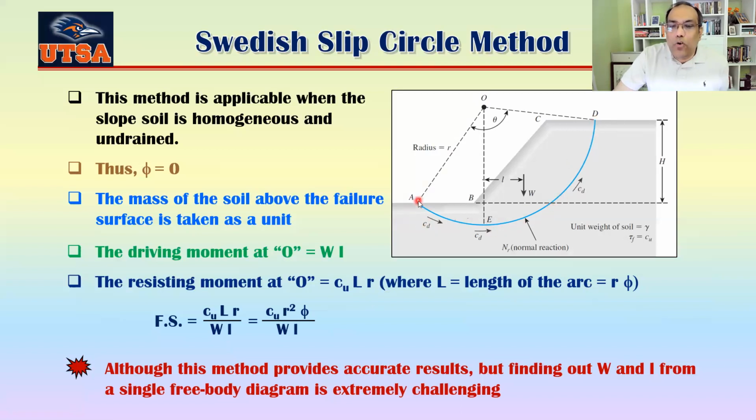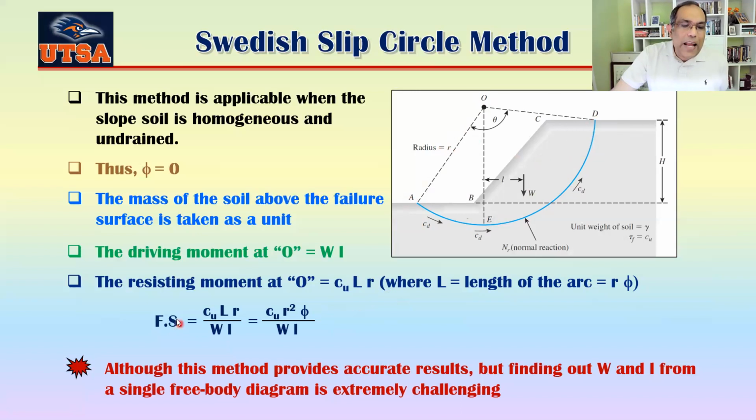That's the total force. Cu is the stress, or shear strength, okay? And shear strength, if you multiply with the total length, then you will get the total force, multiplied by your perpendicular distance, which is actually R.